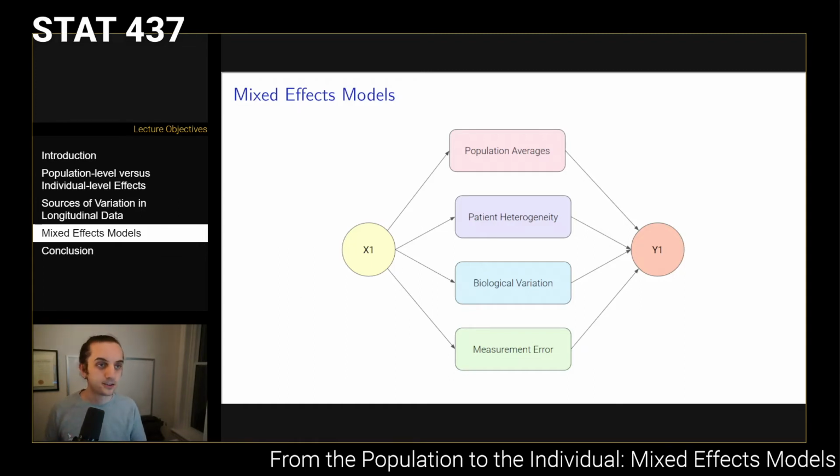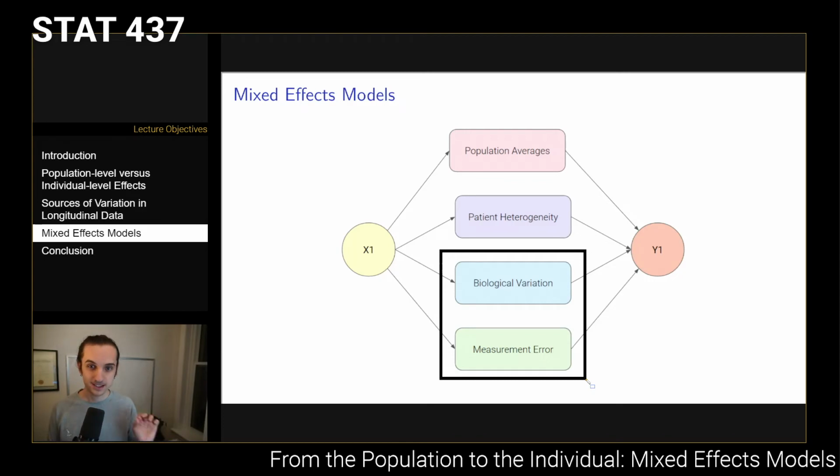Now, this diagram is going to be slightly misleading for what we actually get to when I show you what a mixed effect model actually is. In actual fact, we're normally not going to be able to separate out biological variation from measurement error. The reason for that is that biological variation is fluctuations due to your biology. Measurement error or sampling error is fluctuations due to the instrument you're using.